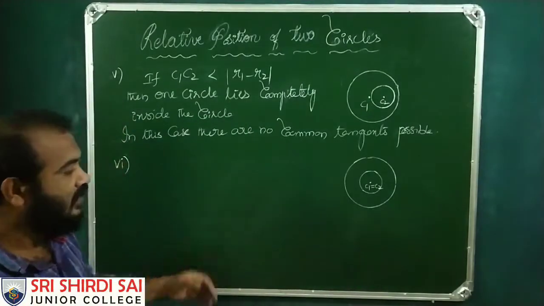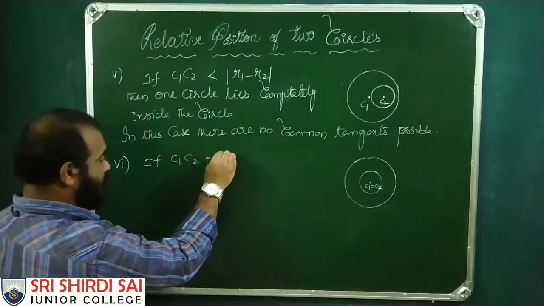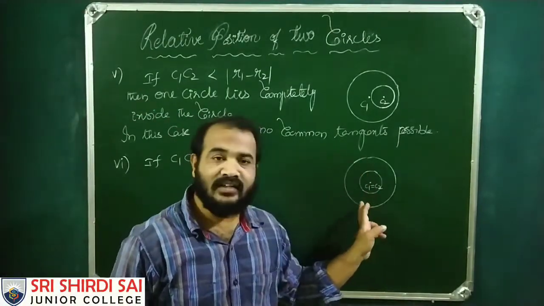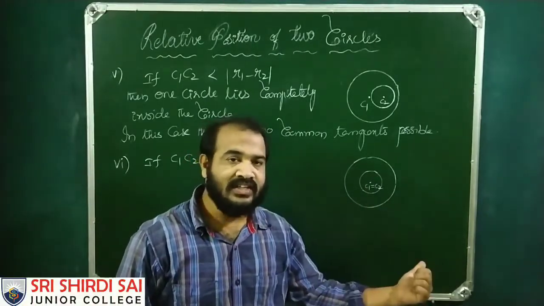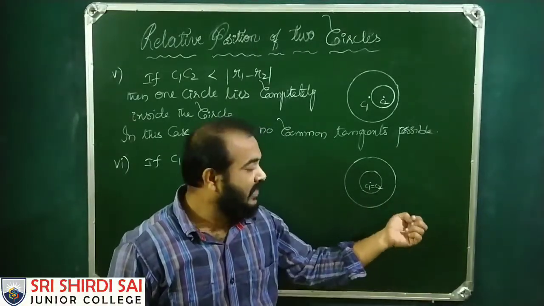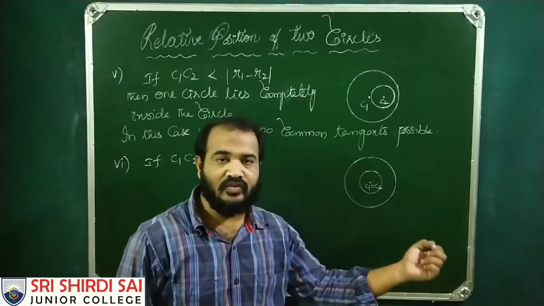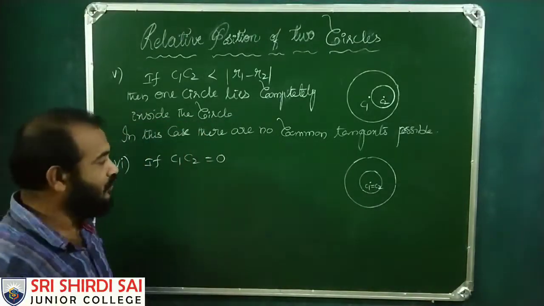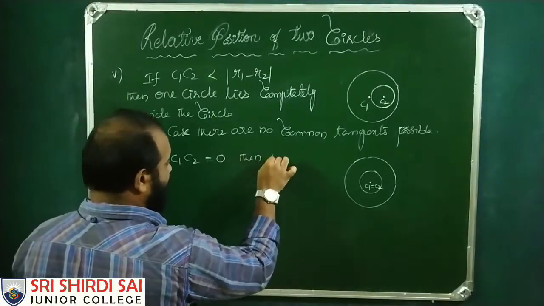And the last condition is if C1C2 is equal to 0. That means for both the circles, the center is the same. That means the circles are concentric. So the center is only 1, and the distance between C1 and C2 is equal to 0.